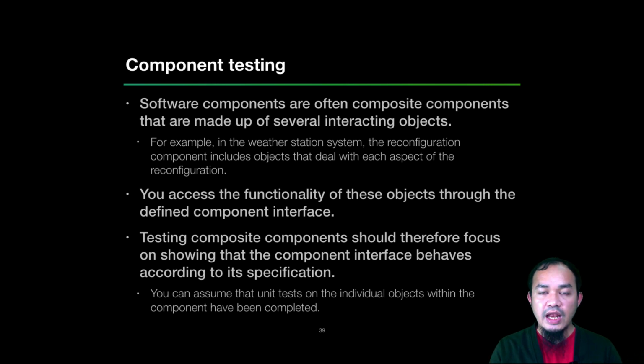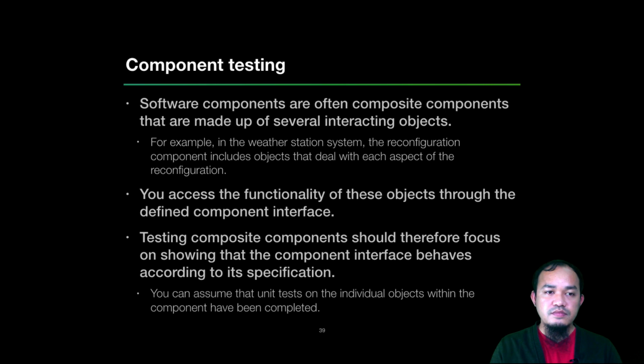They do not allow you to access and modify the method, but you can access and use it. So we have to test the component interface. Testing a composite component should therefore focus on showing that the component interface behaves according to its specification.